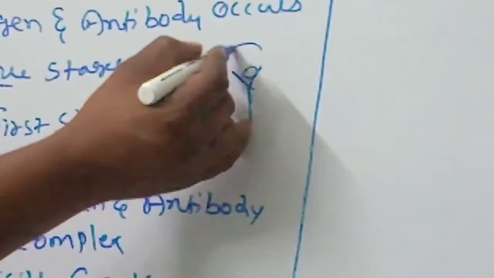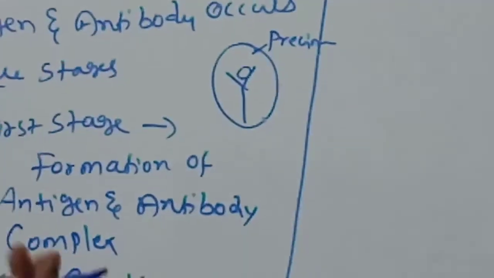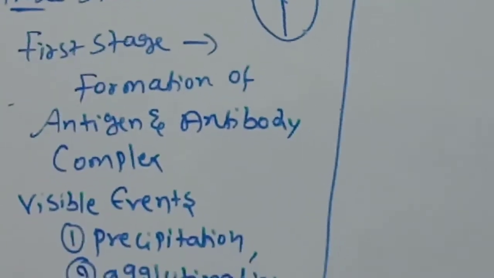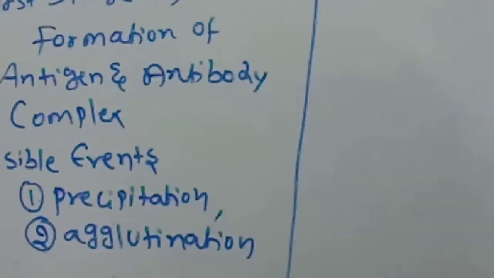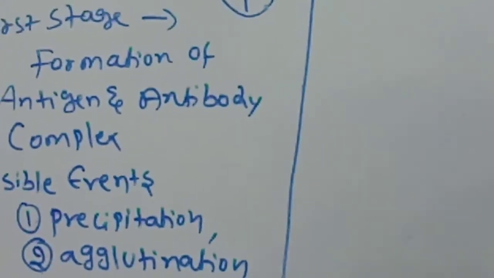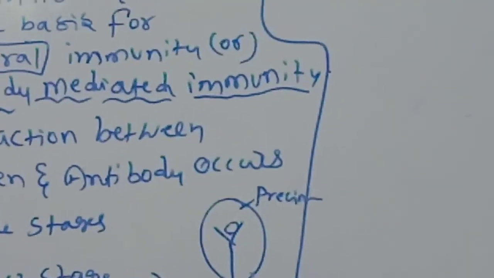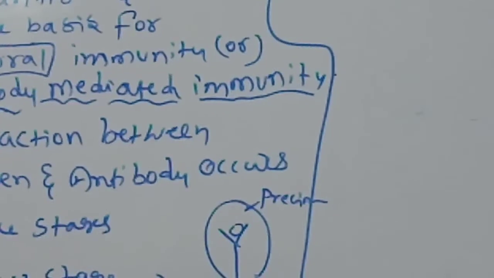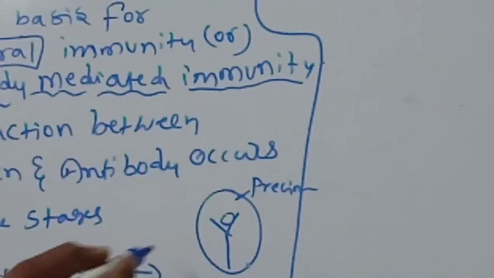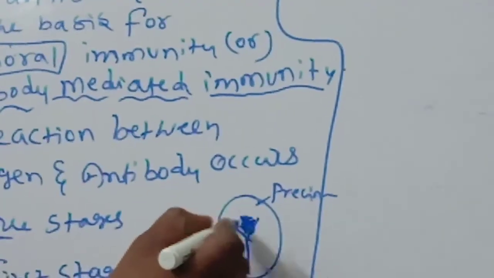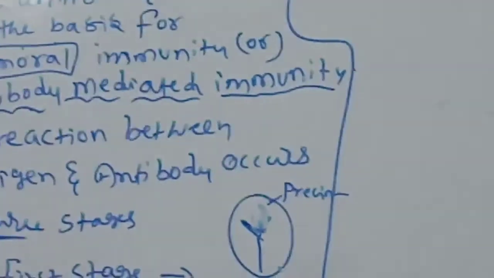Then what we can see under the microscope, precipitation or agglutination takes place. Precipitation means we can see all the antigen antibody complexes. Agglutination means they form clumps like that. Third, the destruction of the antigen and its neutralization takes place.